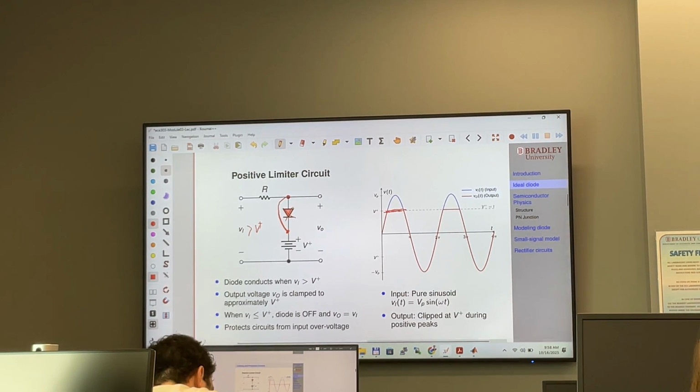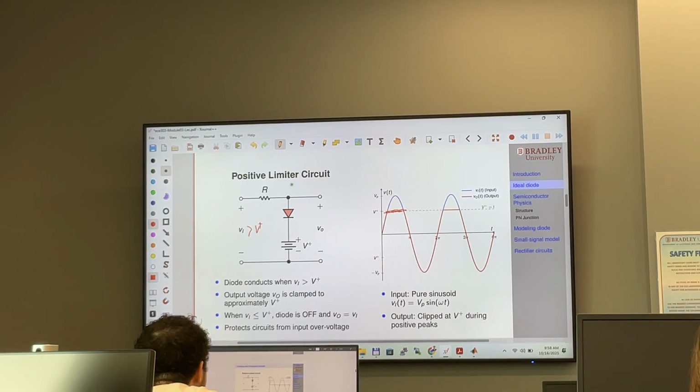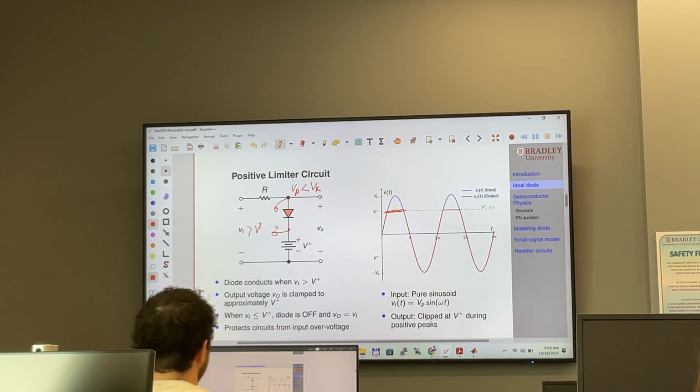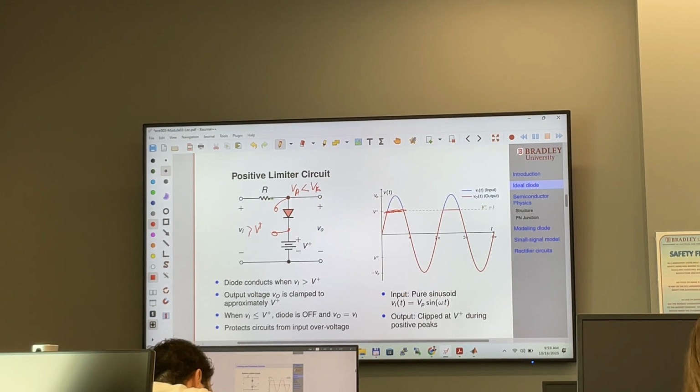When the diode is off, which means V sub A is less than V sub K, this voltage is less than this voltage. In that case, what is the voltage between these two terminals? You have these two terminals simply open. If these two terminals are simply open, no current will flow.